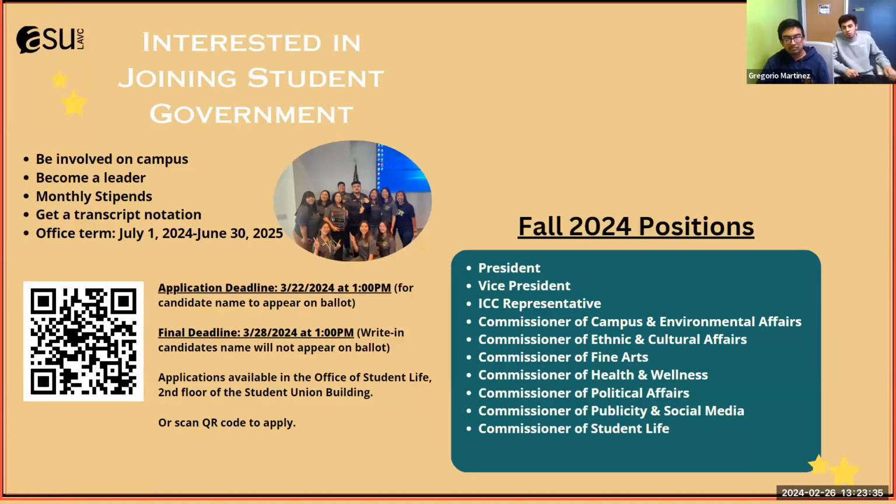If you are interested in joining student union government, there are benefits to that. You'll be involved in campus and you will become a leader. You will also get monthly stipends, and it is good for your transcript because if you are part of student government, you are overlooking all the clubs and you get a chance to travel and visit some states with the group.